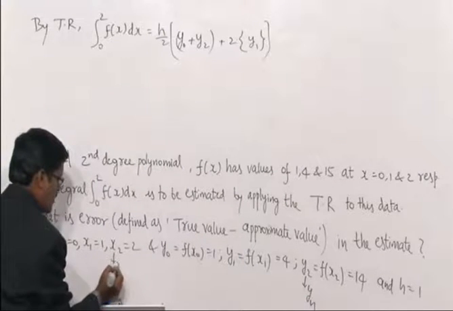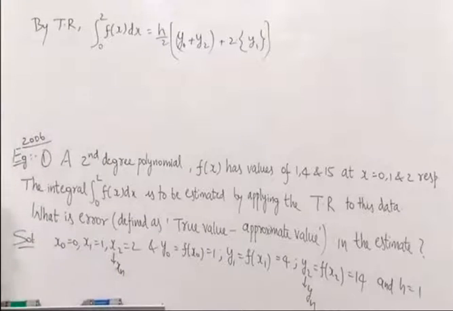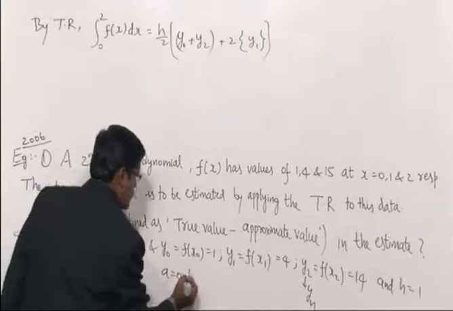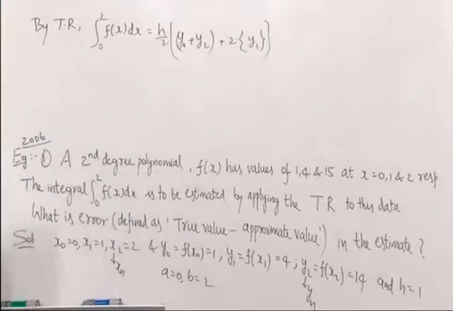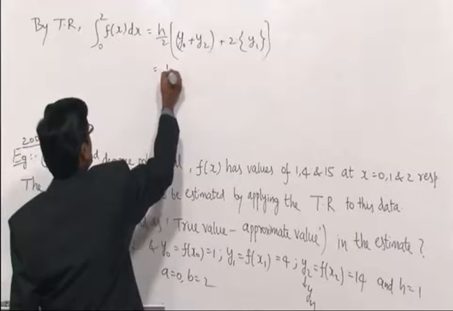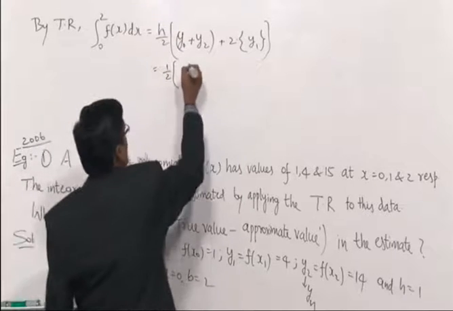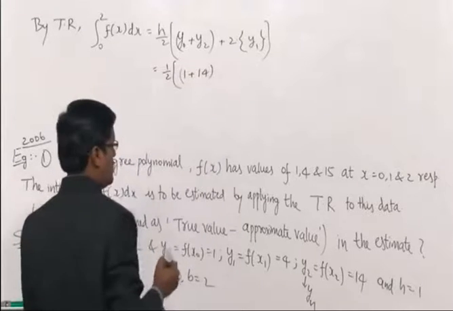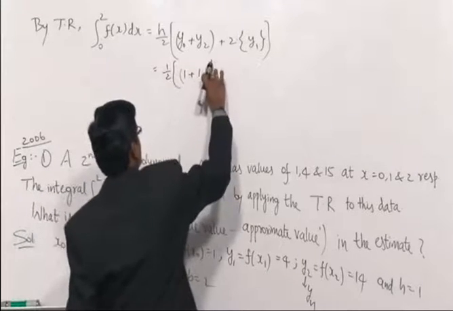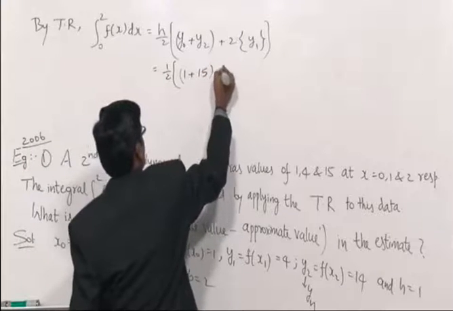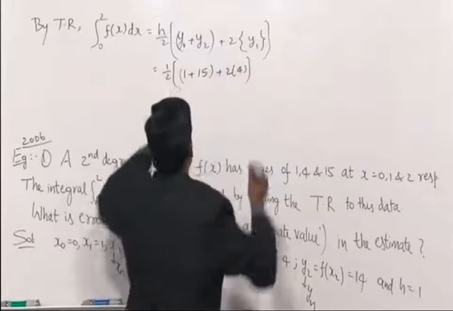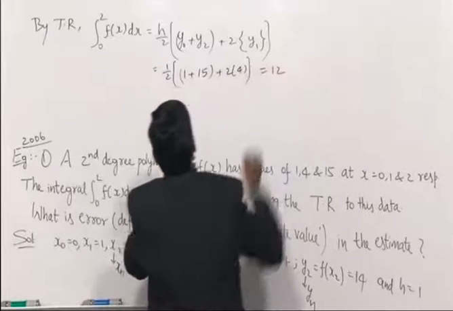X2 according to our notation is xn, because only 3 values are given. A is the lower limit, b is the upper limit 2. Now substituting h value 1 by 2 into y0, 1 plus 15 plus 2 times 4. So 16 plus 8, 24 by 2, this is 12.